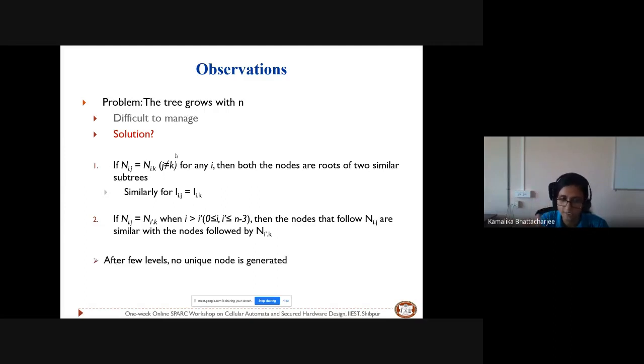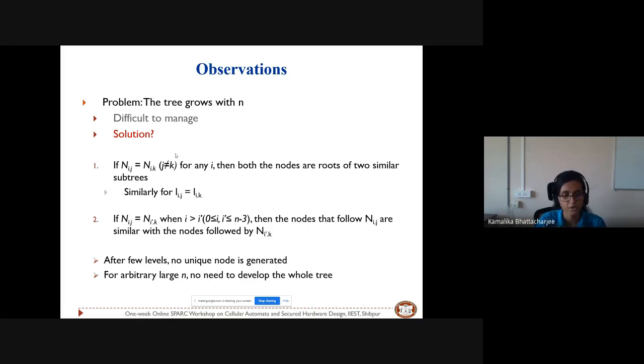So you can finally observe that we have only a finite number of RMTs, and we are specifically dividing the RMTs into some sets following the rule. After a few levels, no unique node is generated. So there is only a finite number of nodes possible in a reachability tree.